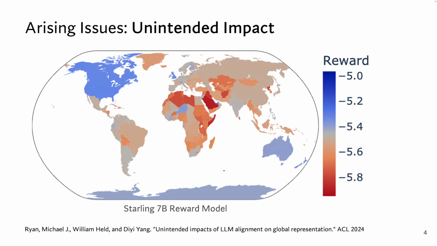As we can see, the reward presents a very interesting disparity across different parts of the world. You can imagine that not only for where you're from, but for queries related to people's occupation or healthcare, you may get a different quality of responses.